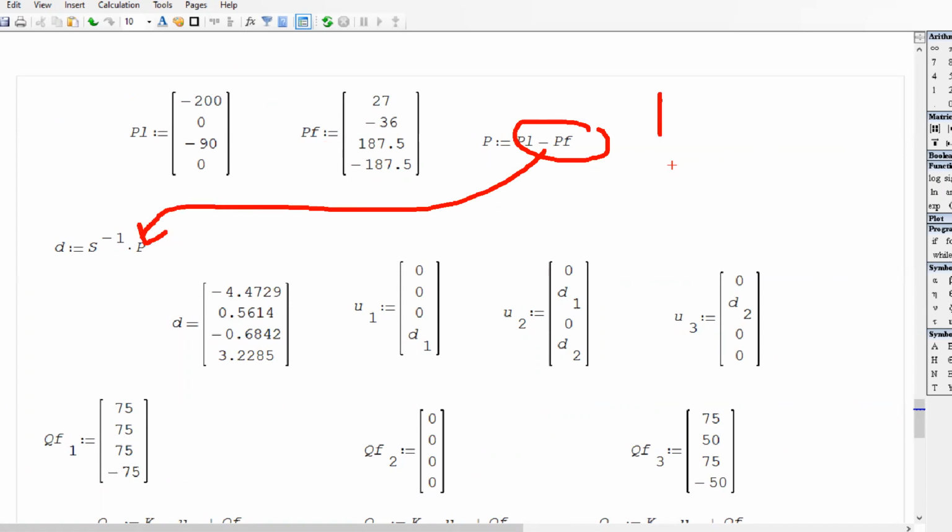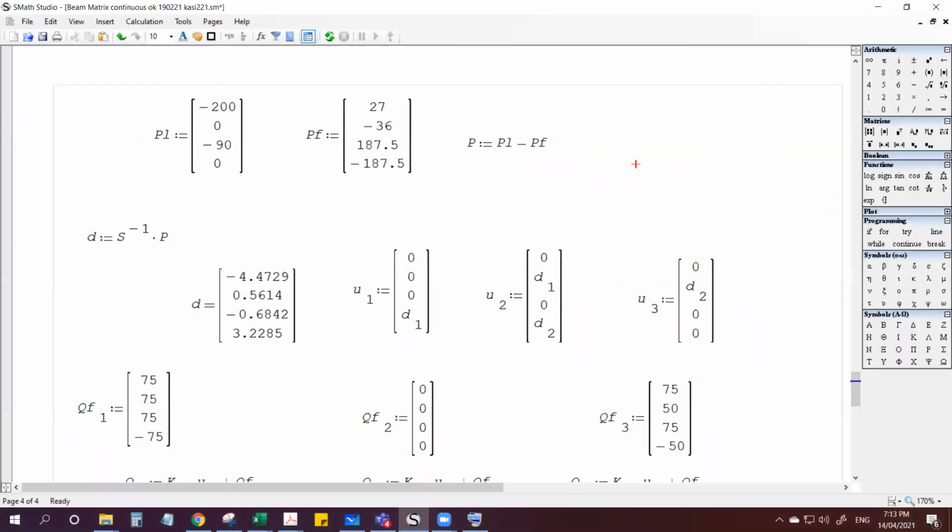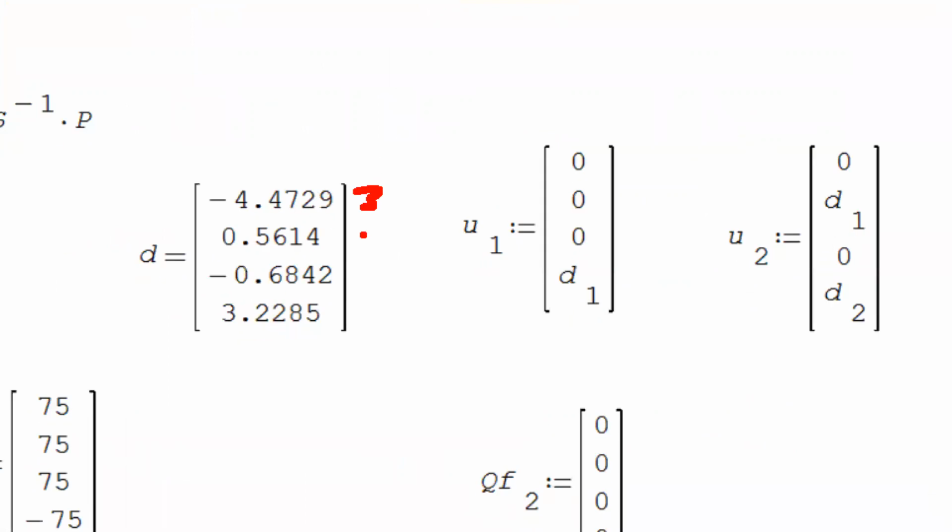Remember our equation is P minus PF is equal to SD. So I'll rewrite this as P. Therefore, D is equal to S inverse P, which is this. So this is our displacement, which corresponds to 3, 4, 6, 8.